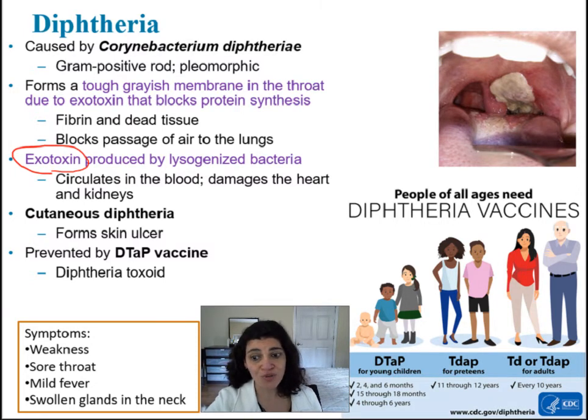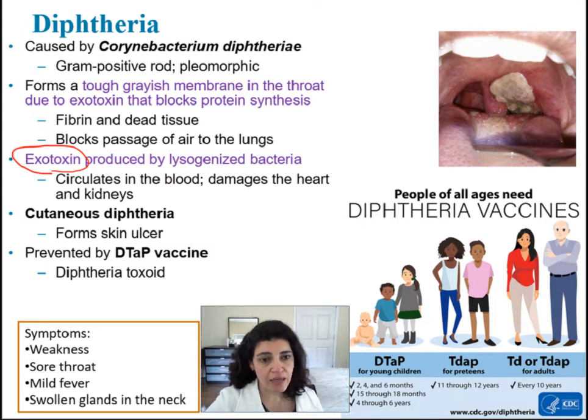If that happens, you can have complications such as airway blockage, damage to heart muscles, myocarditis, nerve damage, loss of the ability to move, such as paralysis, and kidney failure. So you can have complications from diphtheria. That's why it's very important that every age gets vaccinated against it, okay?